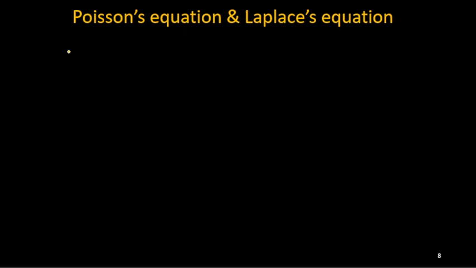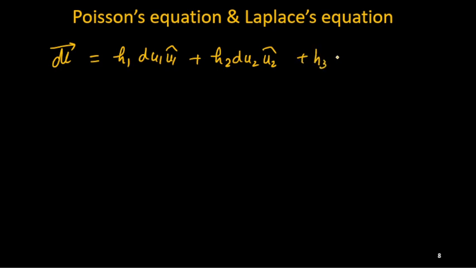In any coordinate system, the elemental length dl vector is written in this form: h1 is a constant and du1 u1 vector, where u1 vector is one direction vector and its elemental change is du1. Similarly h2 du2 u2 vector, and h3 du3 u3 vector. So u1, u2, u3 are three unit vectors in a certain coordinate system.